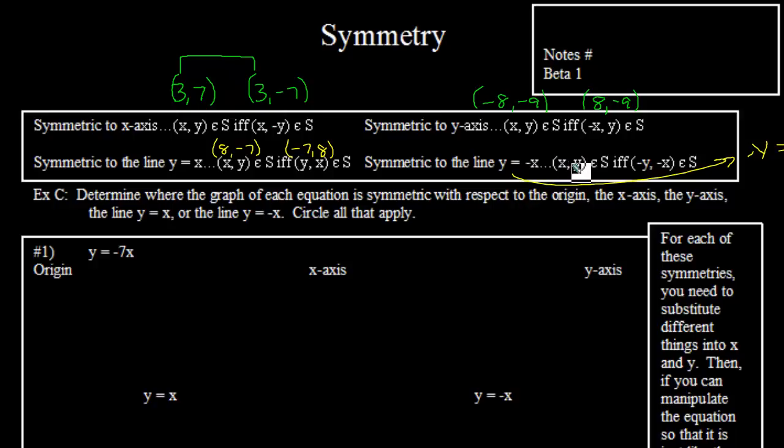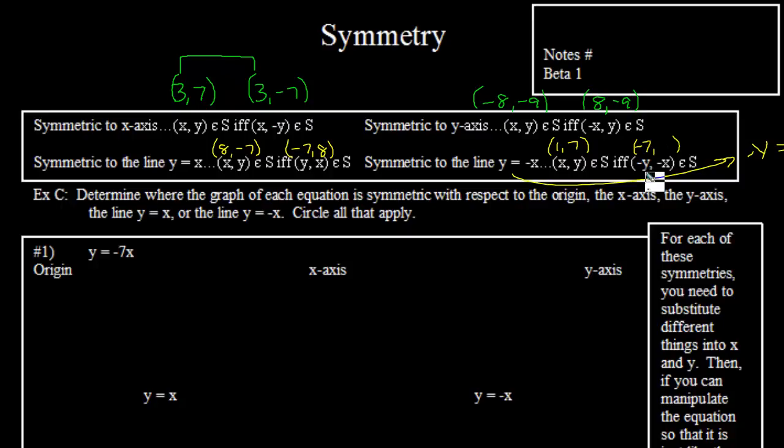So that means if you have the point (x, y), such as, I don't know, (1, 7), it's saying then your x is going to become a negative y. So my x was 1, now it becomes a negative, what was y before?